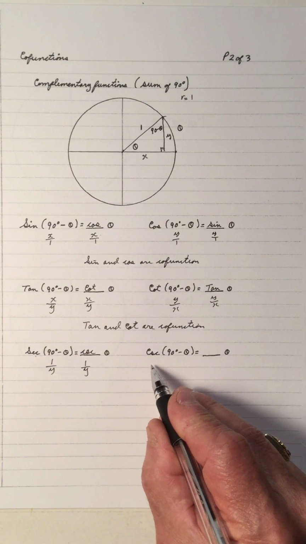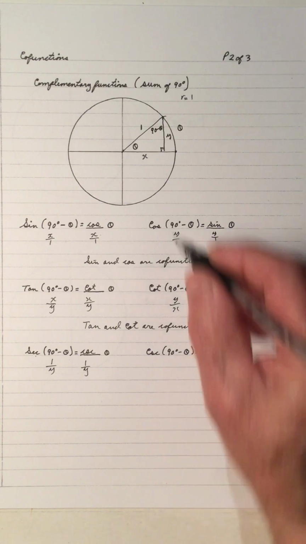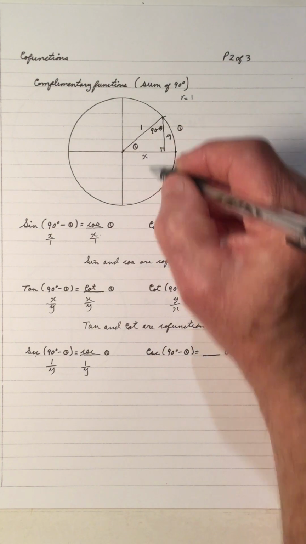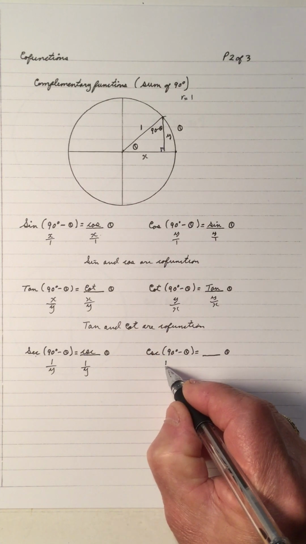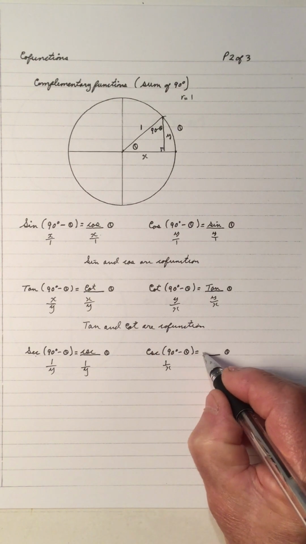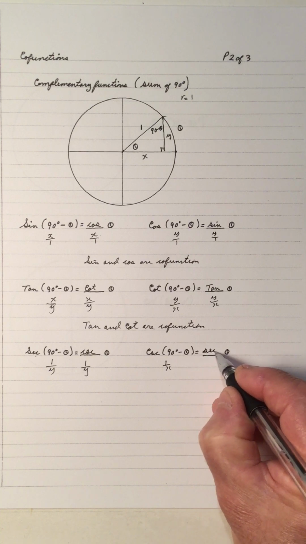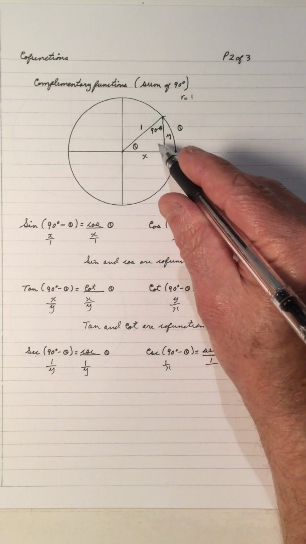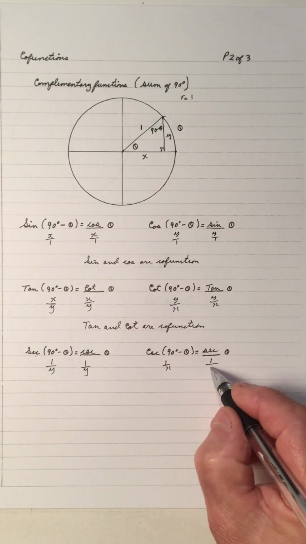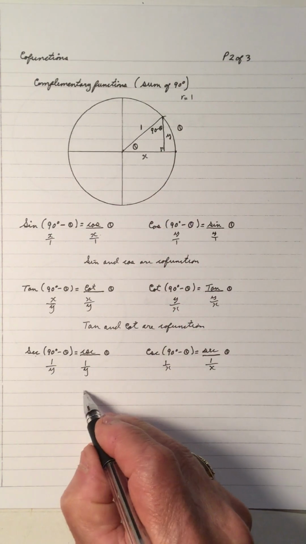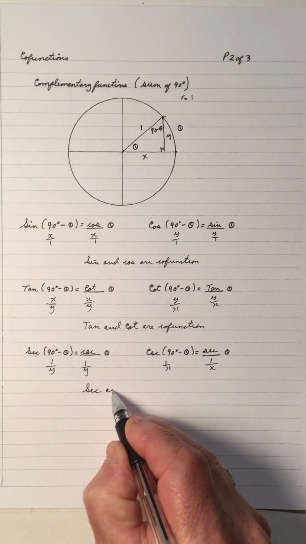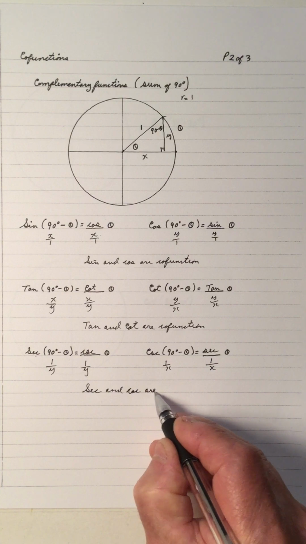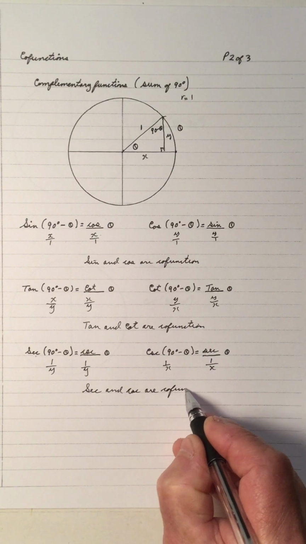If you take the cosecant here, cosecant is the reciprocal of sine, so it's 1 over the opposite, which is 1 over x. And that's going to be the secant of theta, which is hypotenuse over adjacent, which is the x. So secant and cosecant are cofunctions of each other.